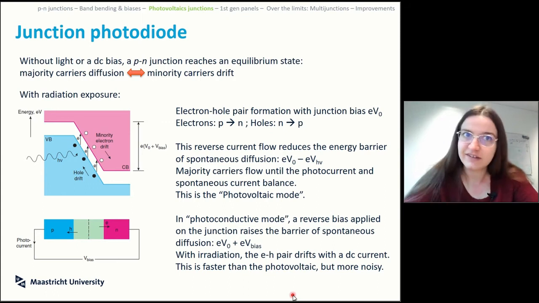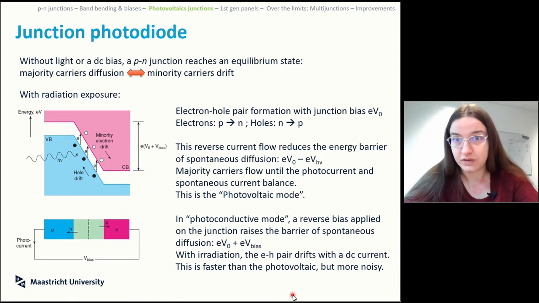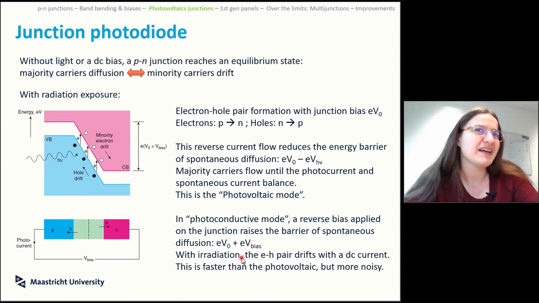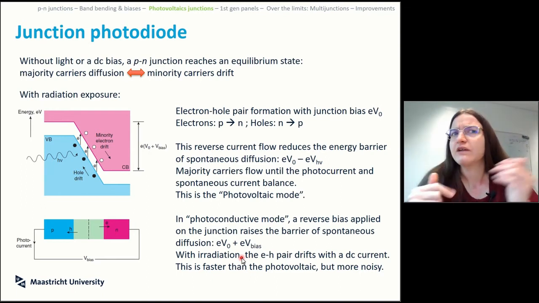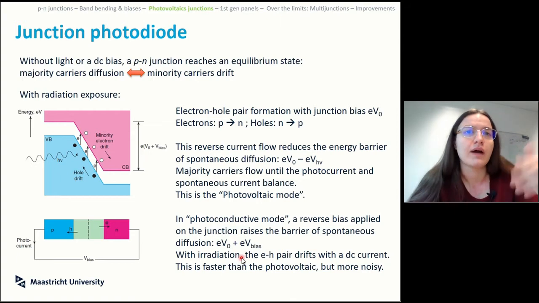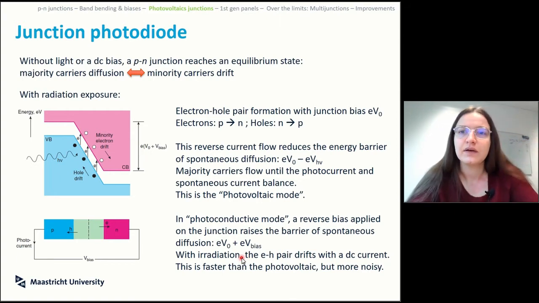So the photoconductive mode, if you're trying to really detect something very, very fast, so you know that there is something radiating, you want to get that signal immediately, it will be the fastest mode to measure something. It will be slightly more noisy, because of course you're creating something that really wants to equalize anything that passes through. So on top of your light, you will also collect other stuff.